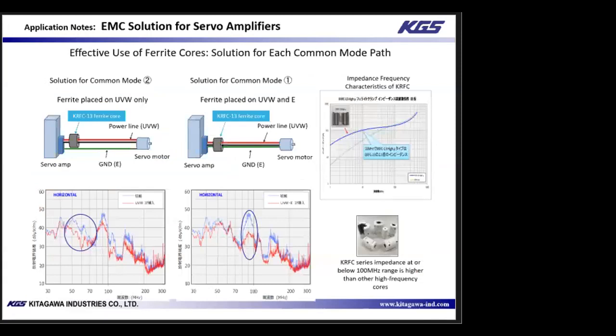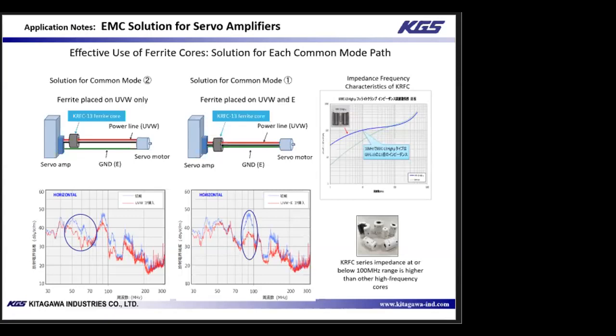The ferrite was applied in two ways on the motor power line and measured for its effectiveness. The selected ferrite core happens to be our KRFC series core, which is formulated to filter noise around 100 megahertz. The left graph shows the test results in red when the core was applied over the UVW line to filter common mode number 2.